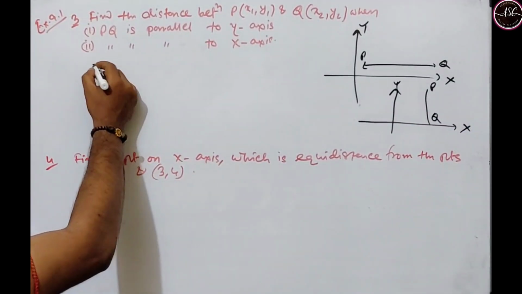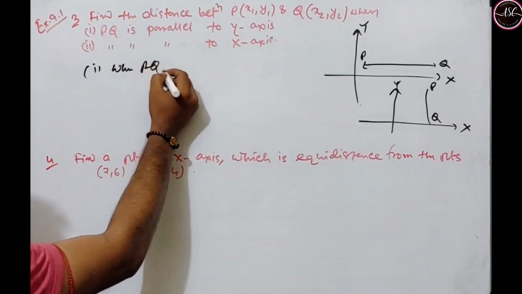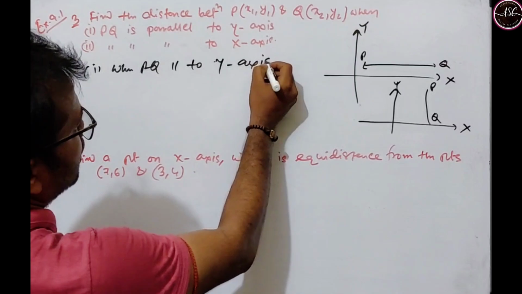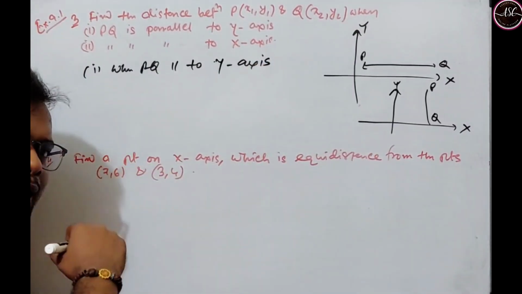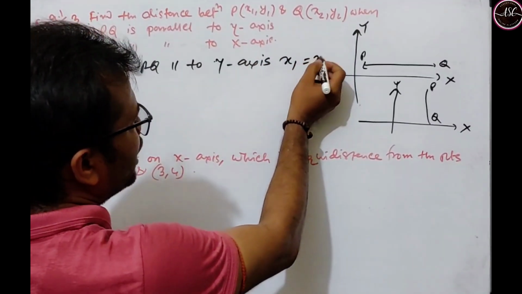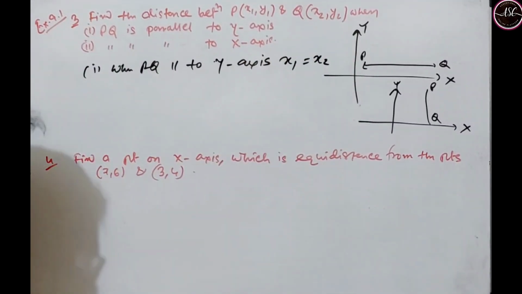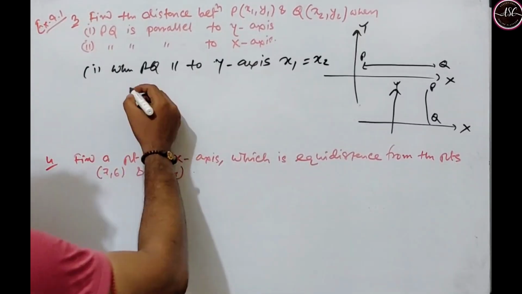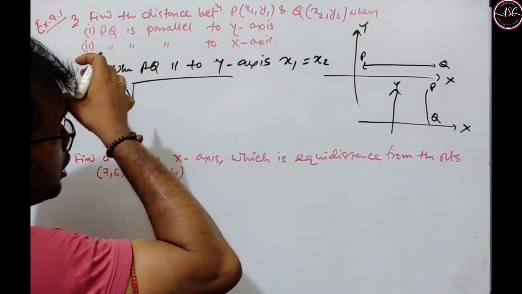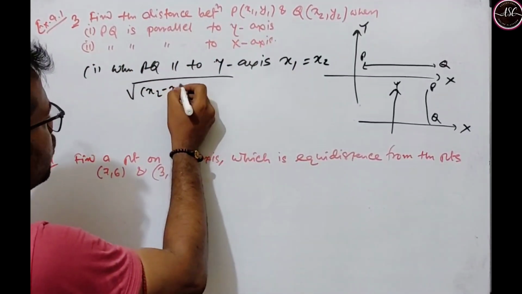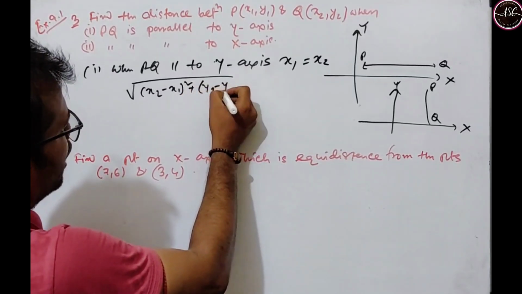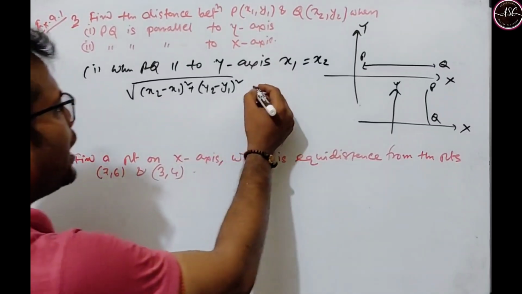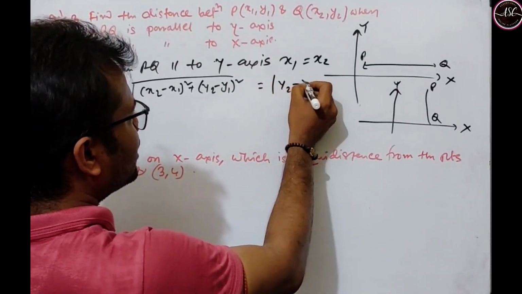Okay, for this case 1, when PQ is parallel to the y axis, that means x1 equal to x2. The coordinates will be the same as this is parallel to the y axis. Okay. So the distance formula between PQ will be the root of (x2 minus x1) whole square plus (y2 minus y1) whole square. Okay, as x1 is equal to x2, this term will be 0 and this will be mod of y2 minus y1.